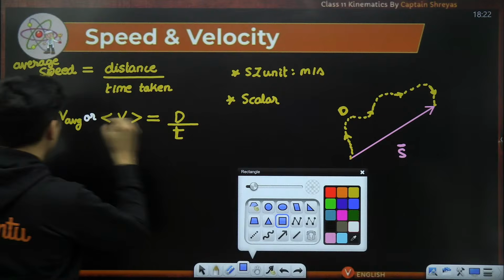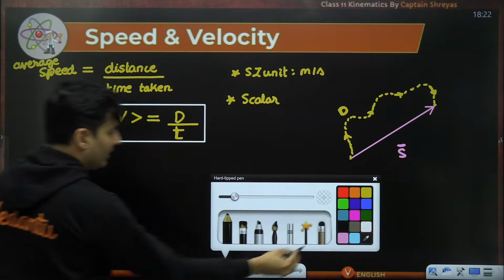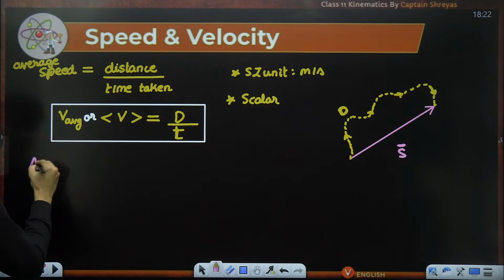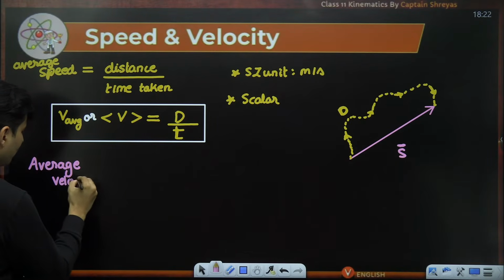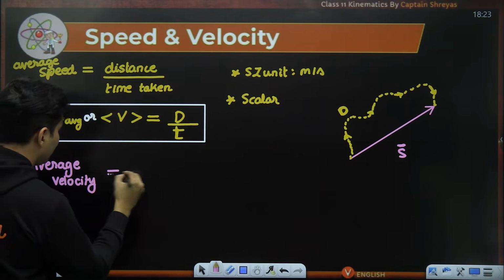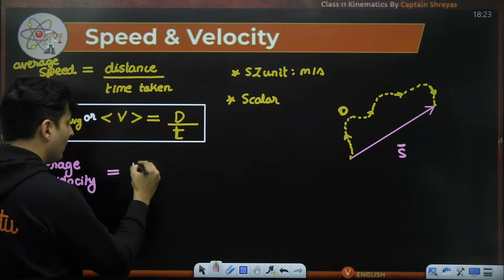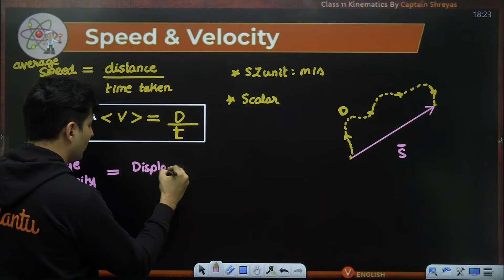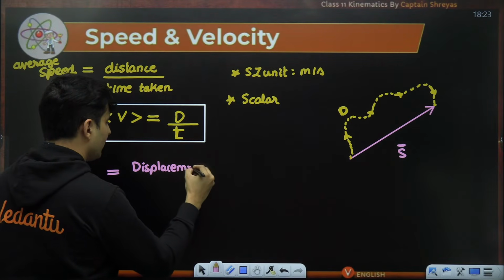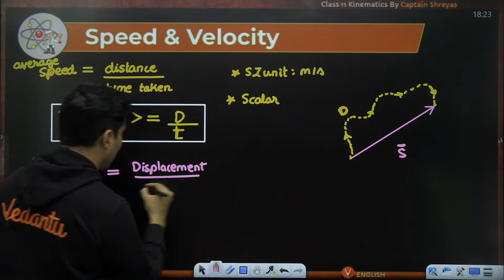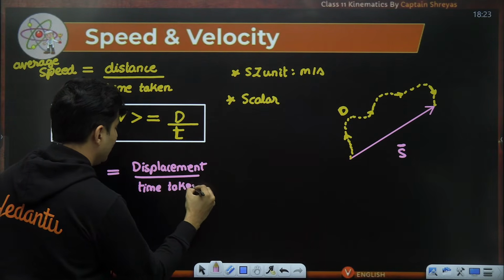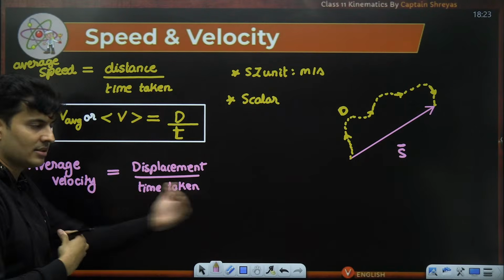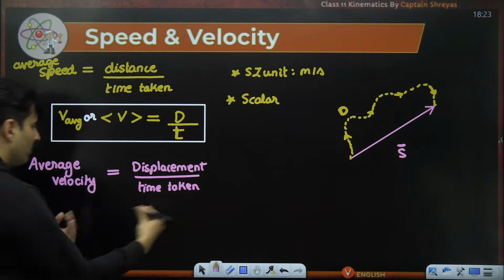So let me just block it off for you. And the next formula is average velocity. So what is this average velocity, my dear students? It is nothing but the displacement per unit time. So divided by the time taken. So in 1 second, how much am I displacing, in meters per second?